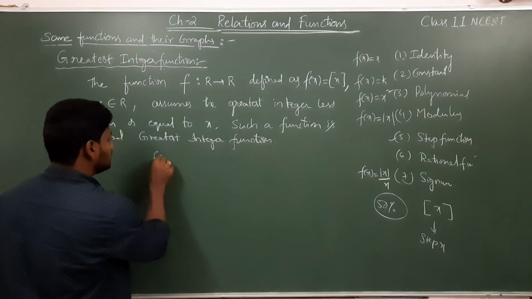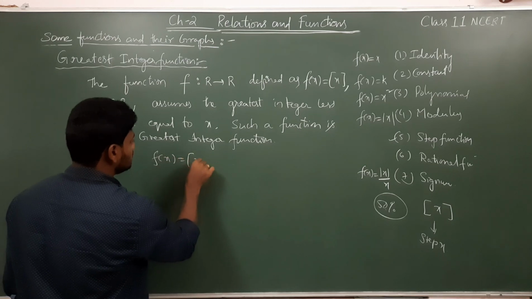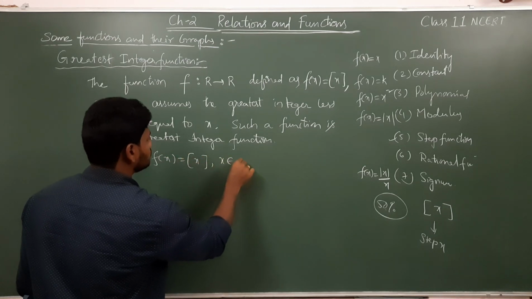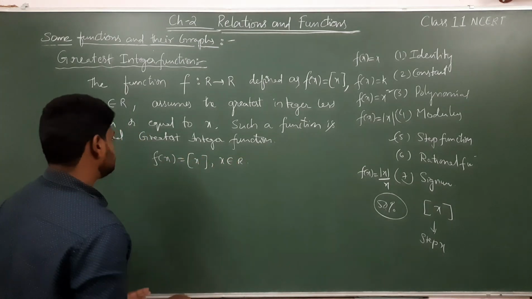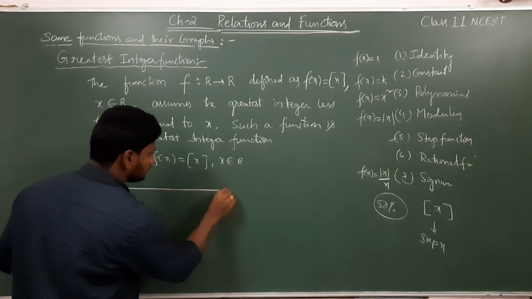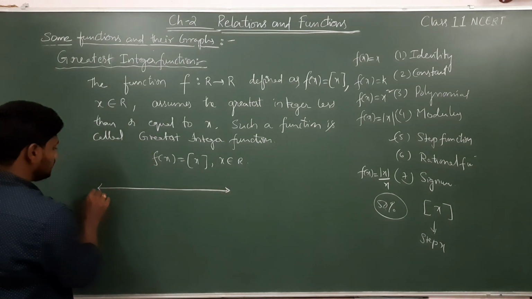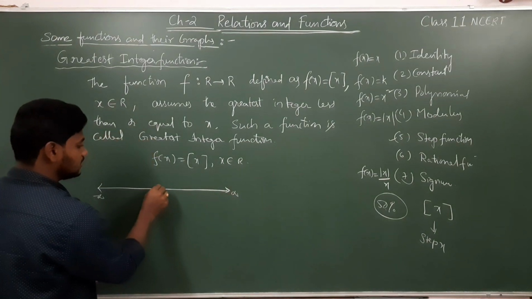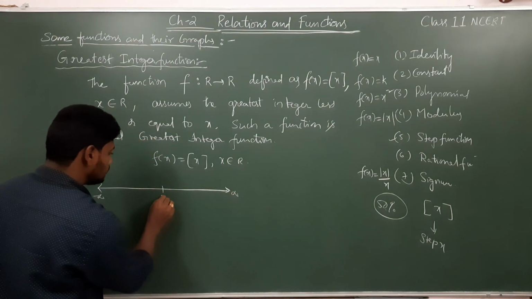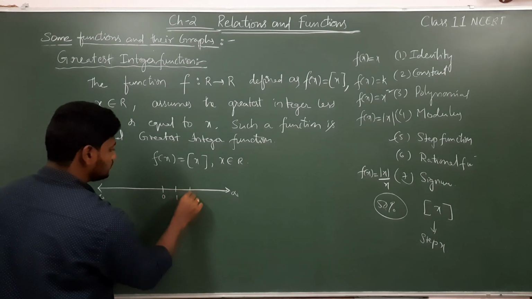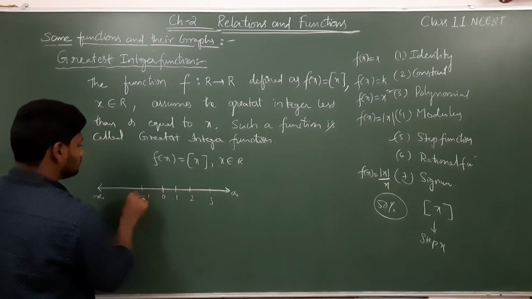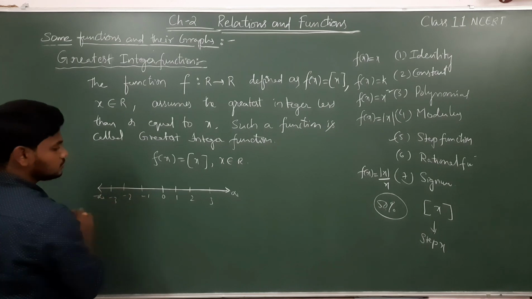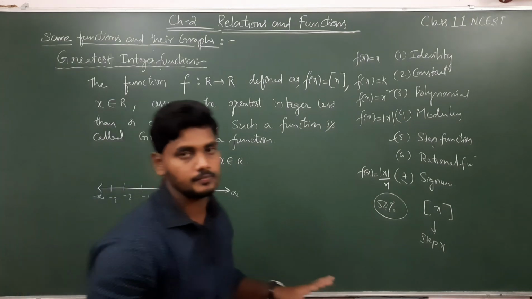It is denoted like this: f of x equal to step x, where x belongs to R. Now, a number line means minus infinity to infinity. This is a real number line. This is 0, here 1, 2, 3, minus 1, minus 2, minus 3, and so on.